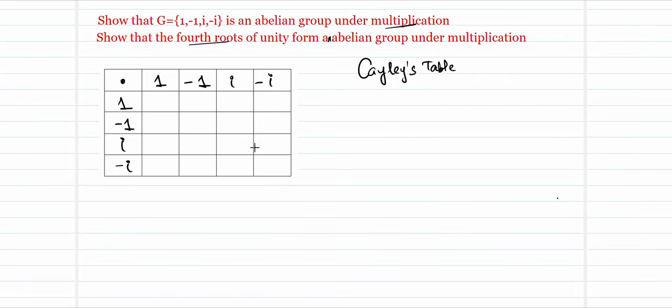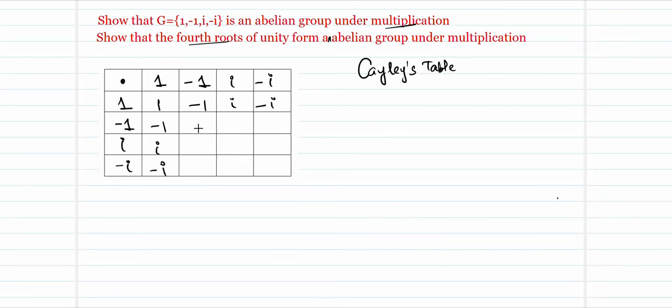Now start filling the boxes. 1 into 1 is 1, 1 into -1 is -1, 1 into i is i, and 1 into -i is -i. -1 into 1 is -1, i into 1 is i, -i times 1 is -i.